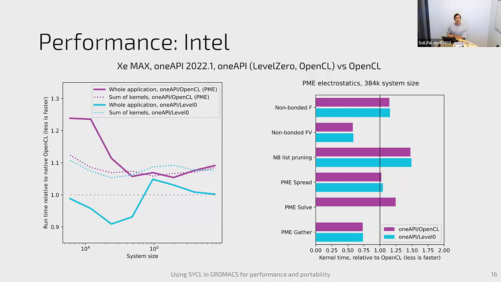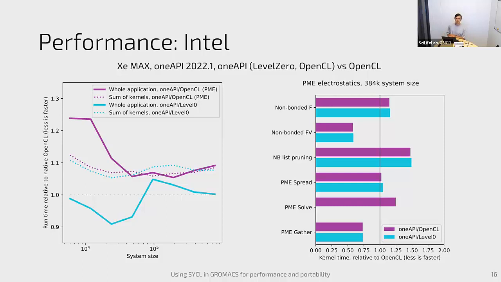And here we see that compared to our OpenCL port, actually kernel performance is a bit worse in some cases, again a bit faster, but still relatively the same. We tried running with two different backends, SYCL over OpenCL or SYCL over the new Intel Level Zero backend.